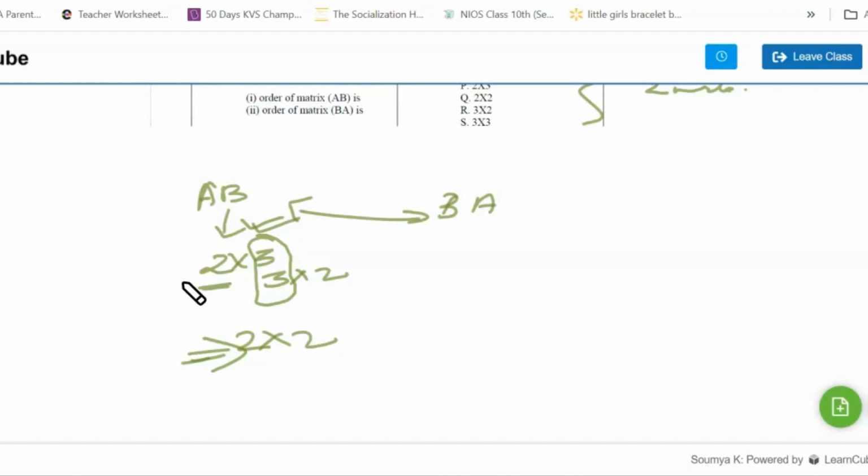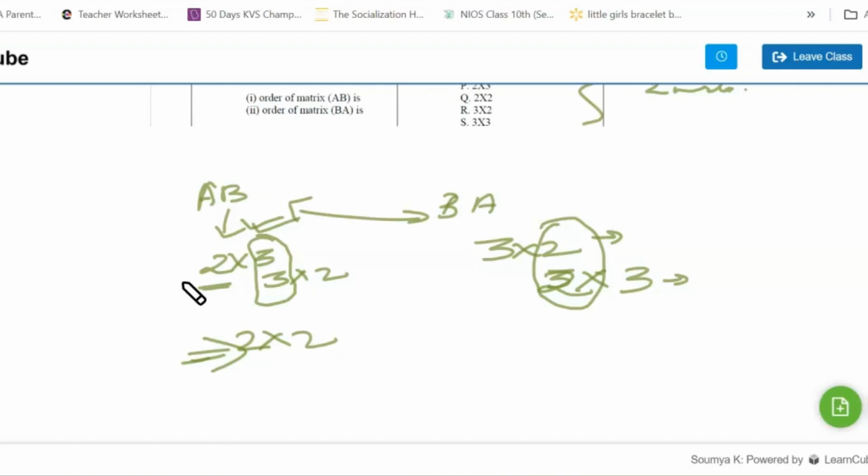Now if you go to BA, the order is 3 by 2 for B and 2 by 3 for A. So we have to write in this manner, and the column of the first and the row of the other should match in the particular order. Here both are common, 2 and 2.